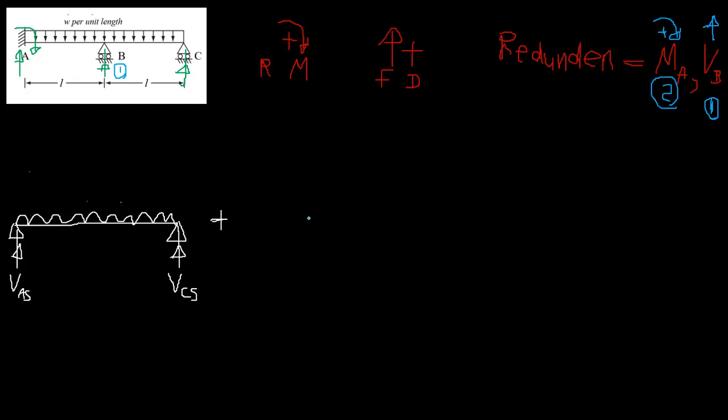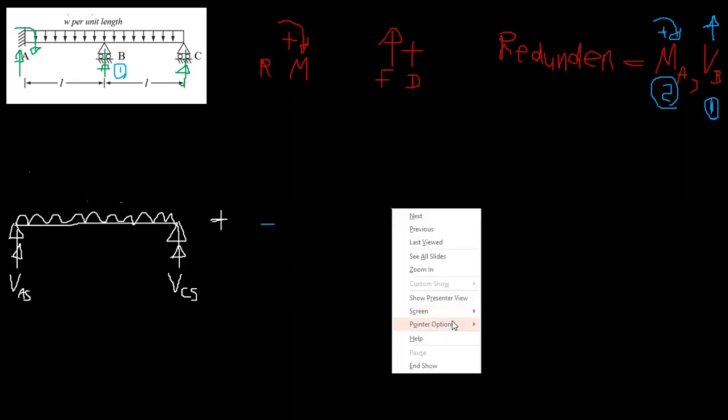Originally it is in the clockwise direction, so it is positive. If I solve it and end up with a negative answer, that means it's in the anticlockwise direction. It doesn't matter because we need not know the exact direction at the beginning if it is an unknown, right? So what we are going to do is superimpose these events.